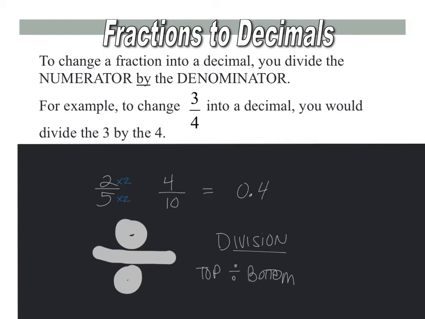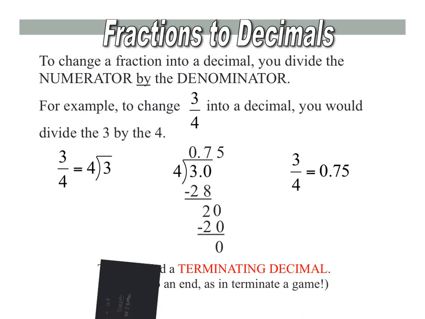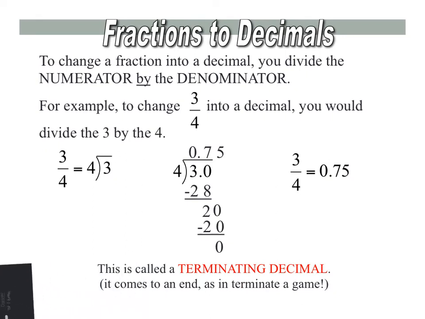For example, if I have 3/4 and I want to change it into a decimal, you would do 3 divided by 4. And then you would do your division, and you would get 0.75. I know that off the top of my head.